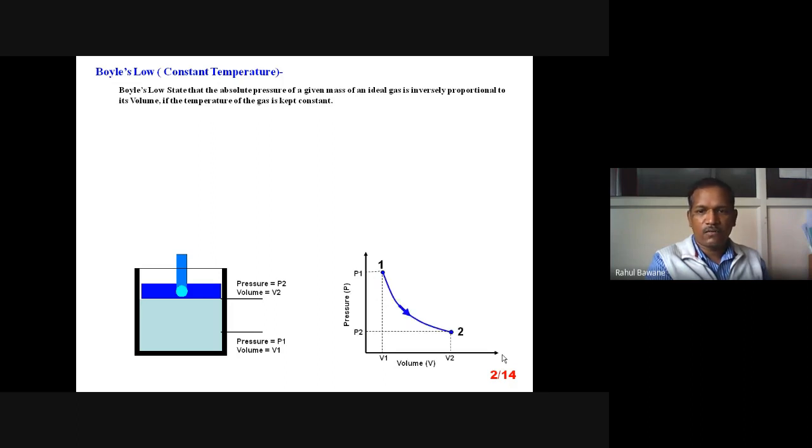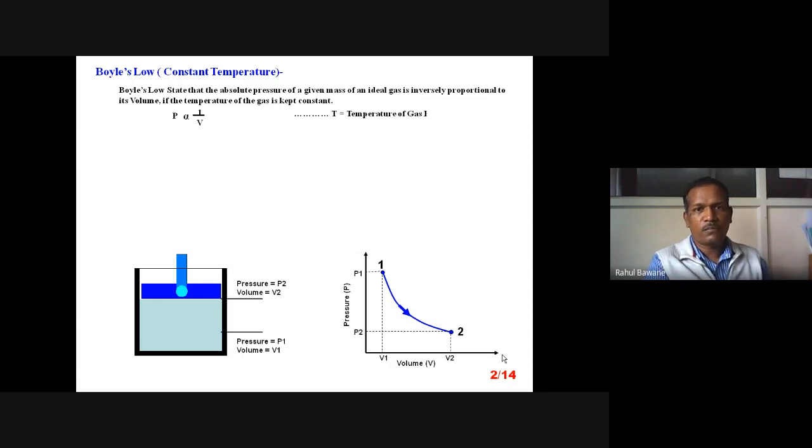And this curve shows the path from state 1 to state 2. It shows that there is a change when temperature is constant, but the change is according to Boyle's law. Boyle's law states that pressure is inversely proportional to volume.